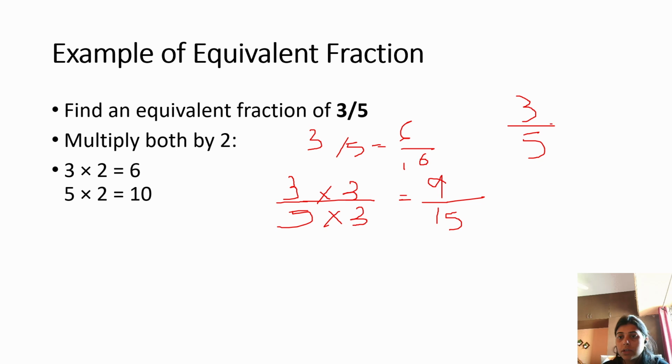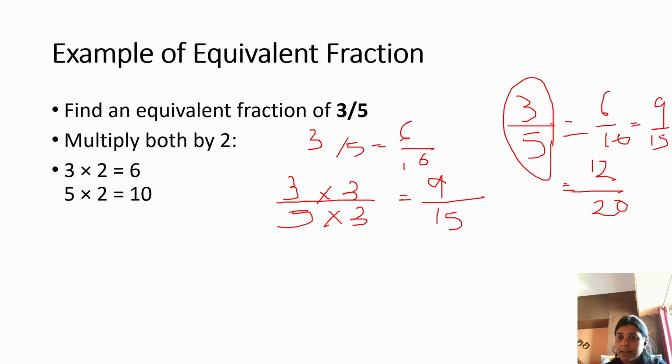The equivalent fraction of 3 by 5 can be 6 by 10, or 9 by 15, or if we multiply both numerator and denominator by 4, we will get 12 by 20. So these are all the equivalent fractions. To find the equivalent fraction of a given fraction, we have to multiply both the numerator and denominator with an equal number.